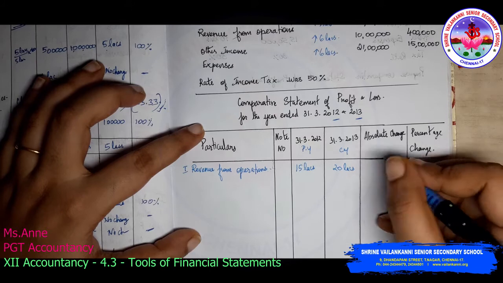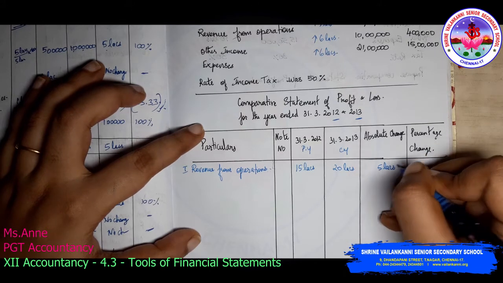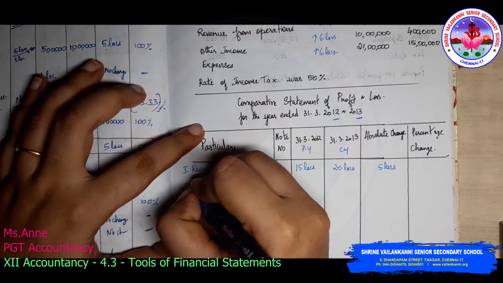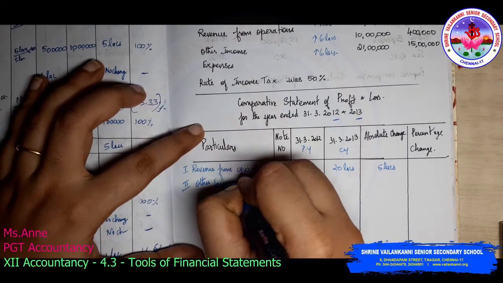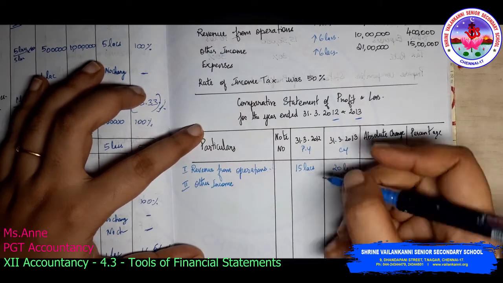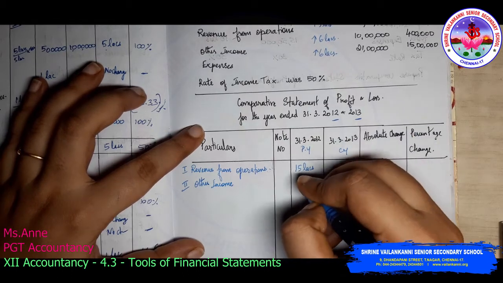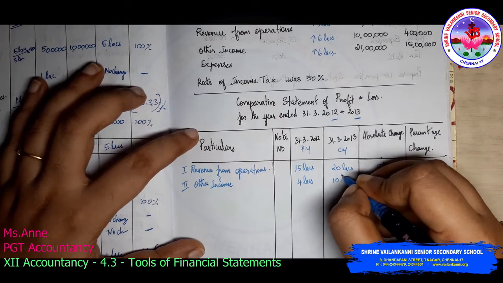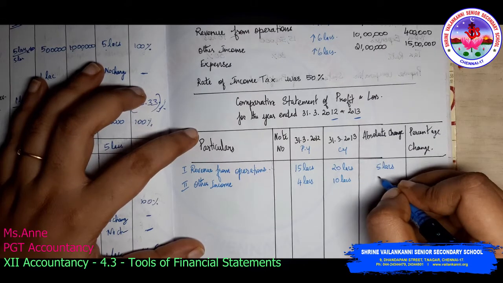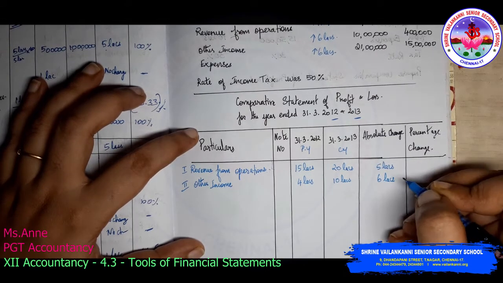So the absolute change is 5 lakhs. The second is other income. Under other income, in 2012 it was 4 lakhs and in 2013 it is 10 lakhs. So the absolute change is 6 lakhs.